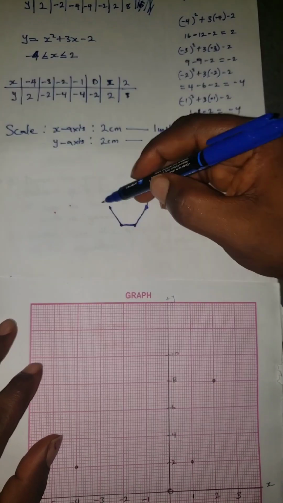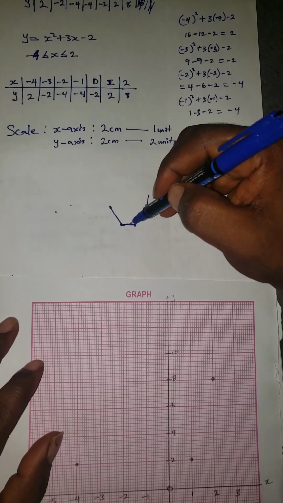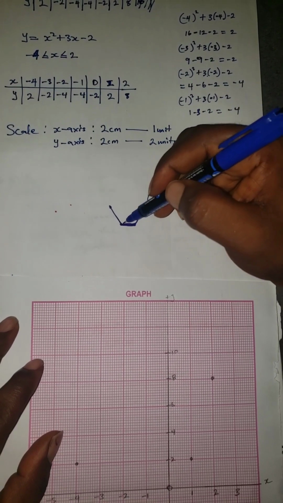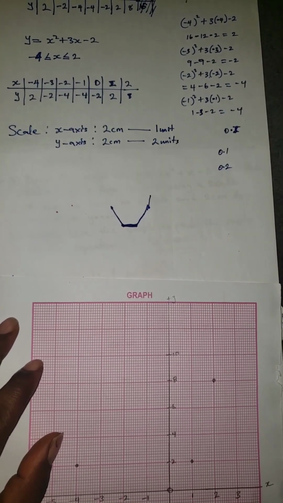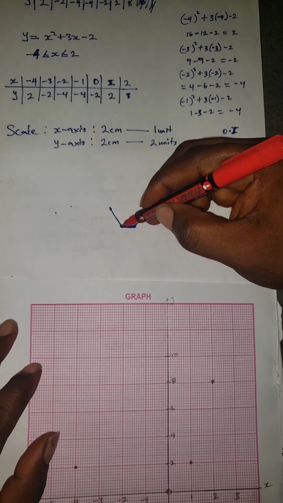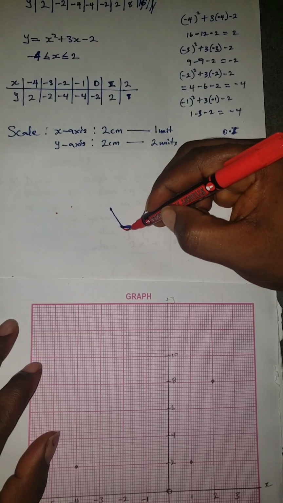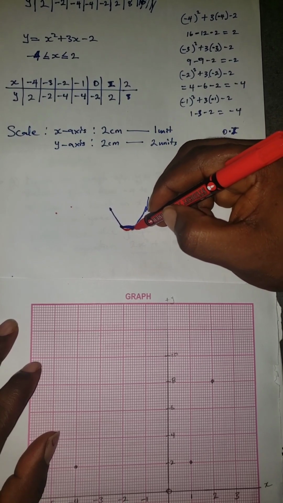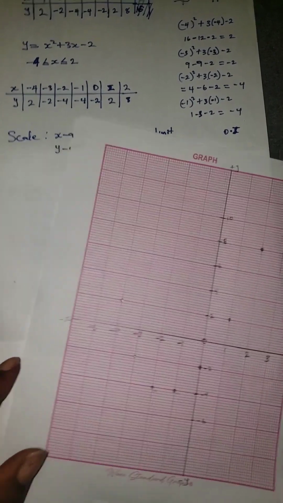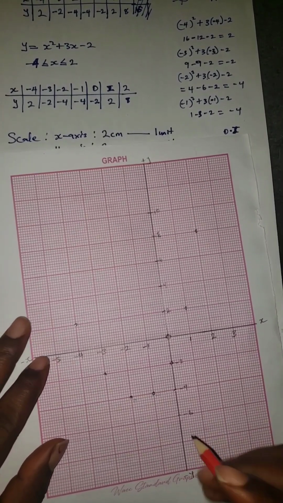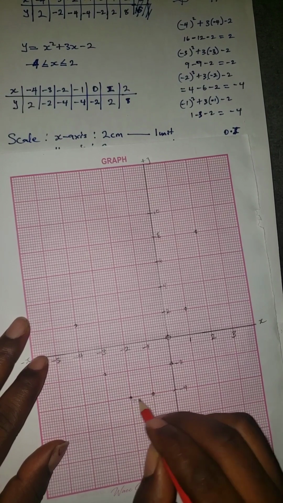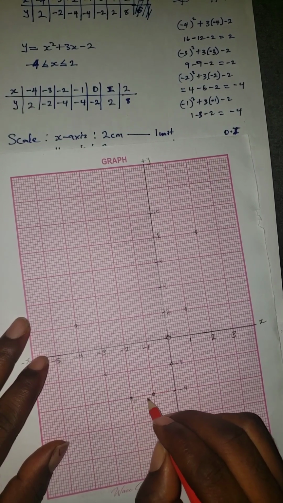That is very wrong, because going straight here means that you are no longer plotting a curve. It is supposed to go this way, and give that curve. Some people will join this with a straight line. No, it has to be curvy.